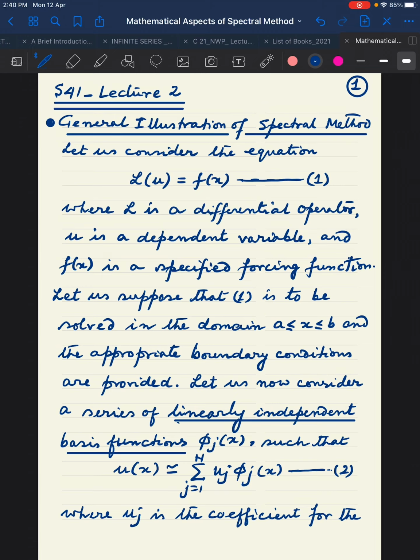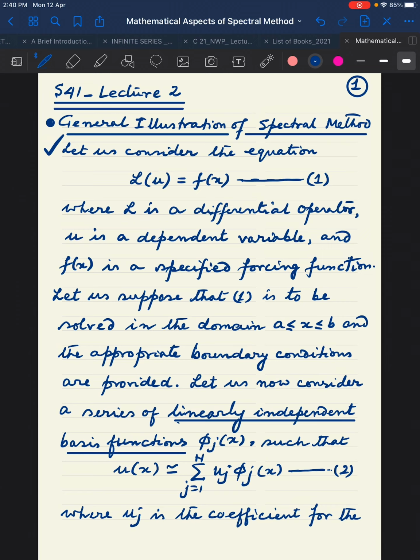spectral method in general. So let us first consider the equation Lu = f(x), where L is a differential operator, u is a dependent variable, and f(x) is a specified forcing function.